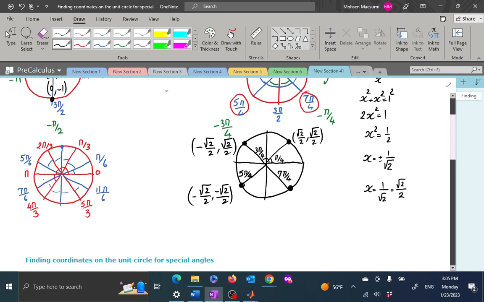By the time I arrive here, x is positive radical 2 over 2 and y is negative radical 2 over 2. So for 45 degrees or for pi over 4, I know the coordinates of these four corners.